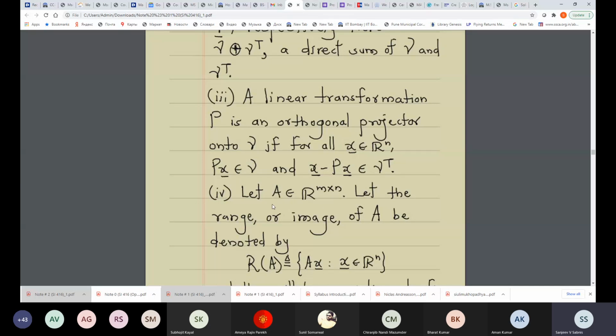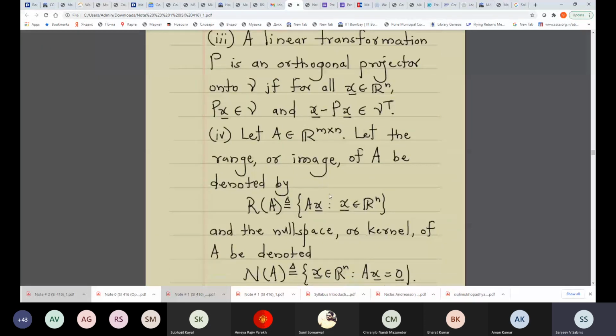Okay. Now let A belong to R raised to m cross n. So essentially what we are saying is, this is an m cross n matrix, and every element of this A is a real number.